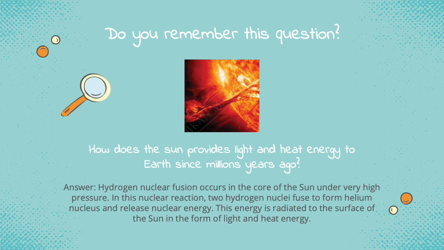The answer for this question is hydrogen nuclear fusion occurs in the core of the sun under very high pressure. In this nuclear reaction, two hydrogen nuclei fuse to form helium nucleus and release nuclear energy. This energy is radiated to the surface of the sun in the form of light and heat energy.